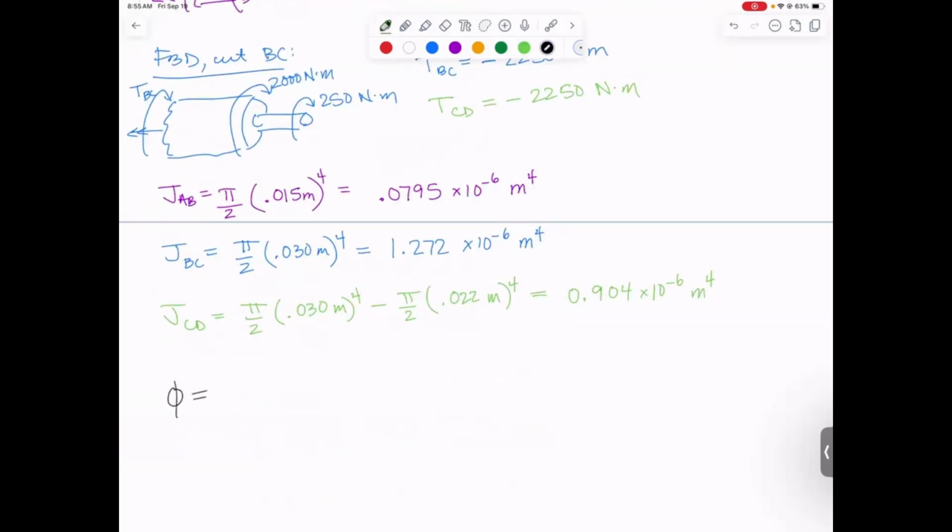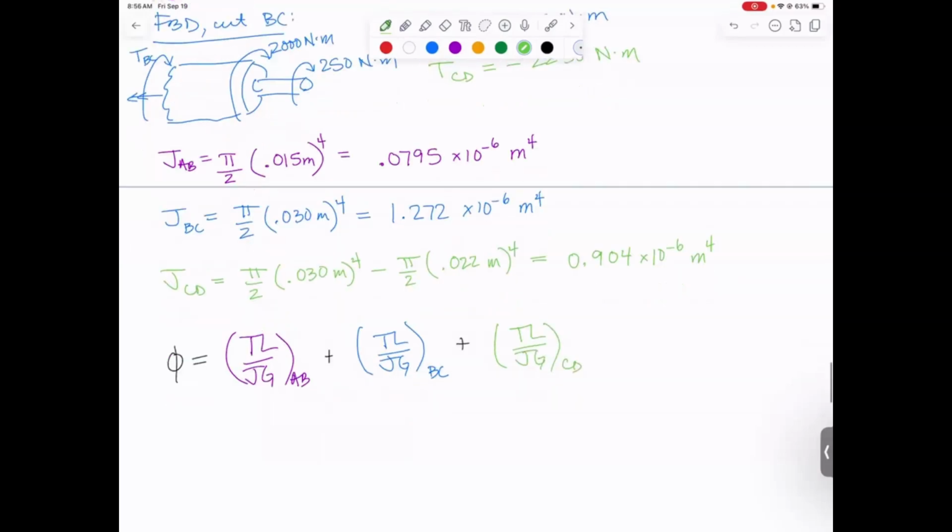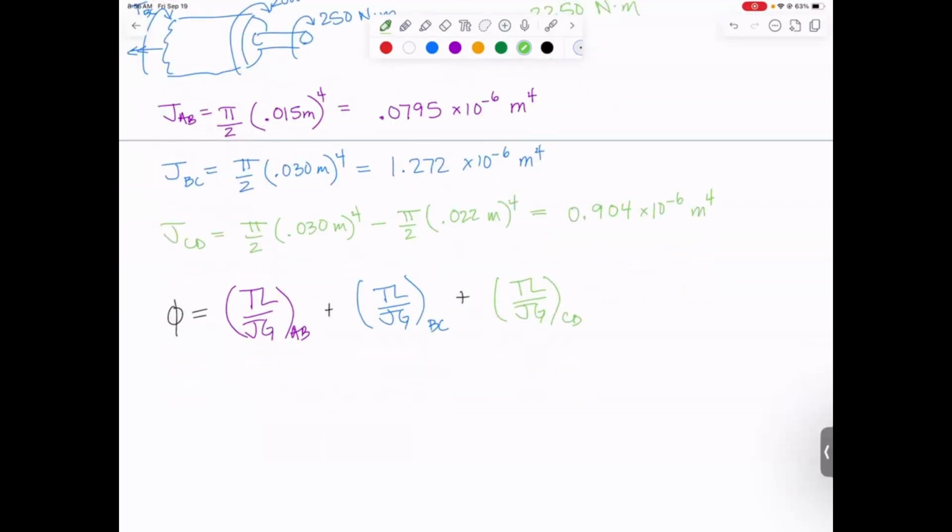Phi is going to equal TL over JG for segment AB plus TL over JG for segment BC plus TL over JG for segment CD. I can pull the G out in front because that's common for all of them. So this is 1 over, it was 77 gigapascals, that's 77 times 10 to the 9th newtons per square meter.